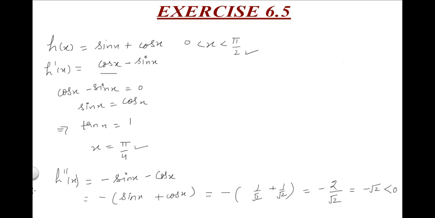Now if the second order derivative is less than 0, x equals pi by 4 is a point of local maxima.